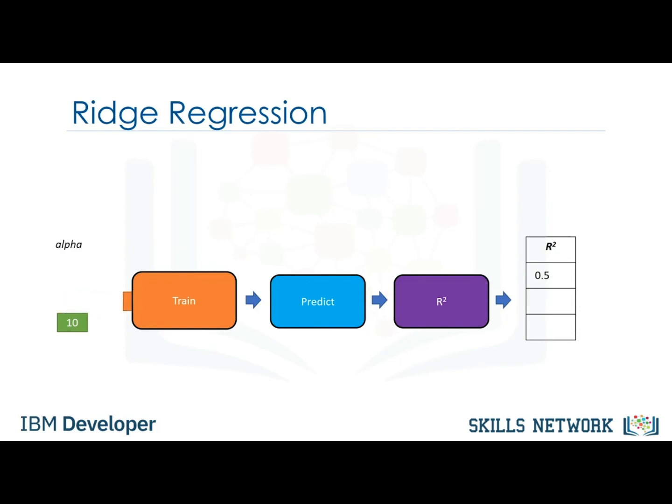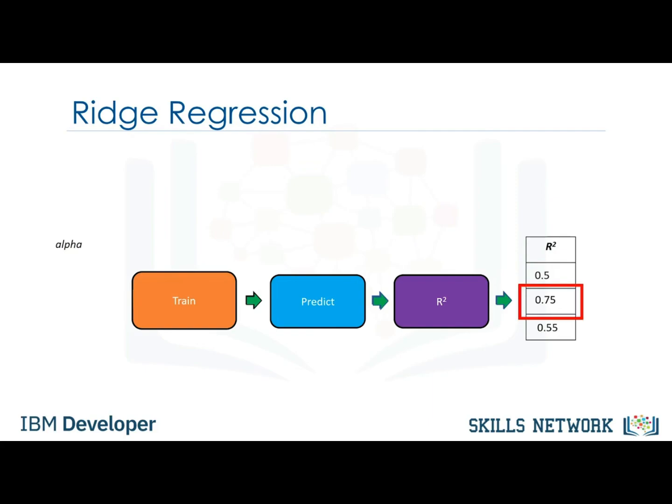Repeat the process for a larger value of alpha. We train the model again, make a prediction using the validation data, then calculate the R-squared and store the values of R-squared. We repeat the process for a different alpha value, training the model and making a prediction. We select the value of alpha that maximizes the R-squared.